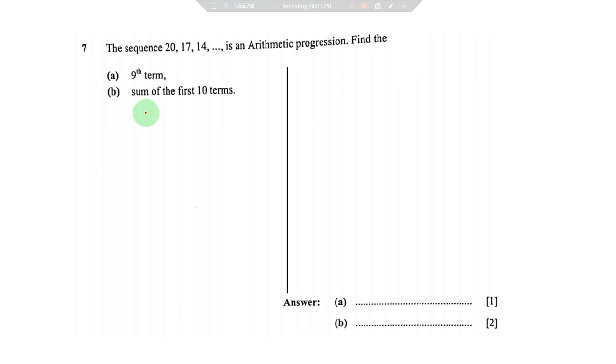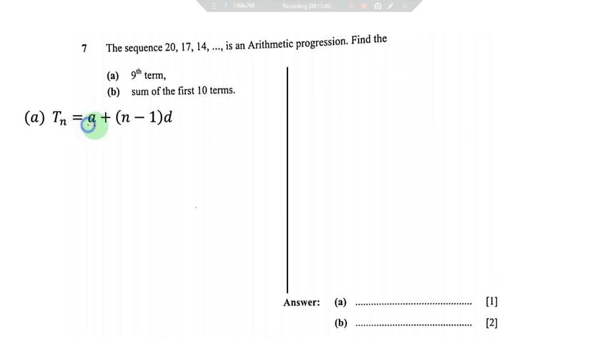Okay, so the formula for nth term is Tn equals to A plus open bracket n minus 1 times D. So now when you write down the formula, it becomes easy for you to pick whatever you want from the question.